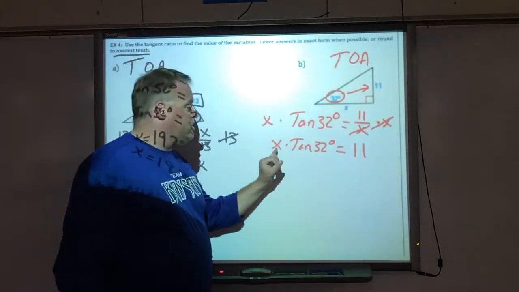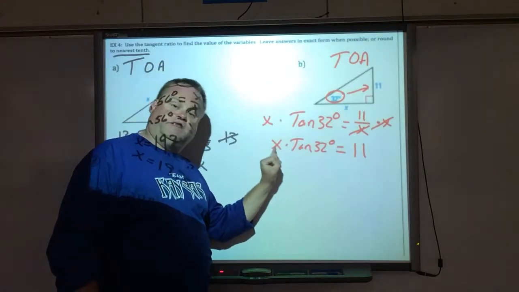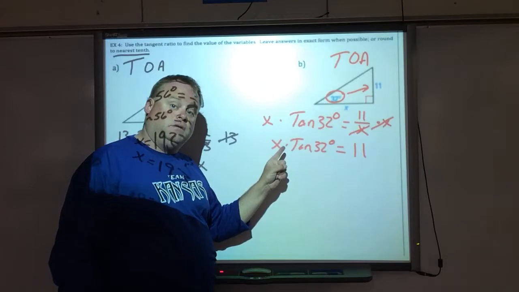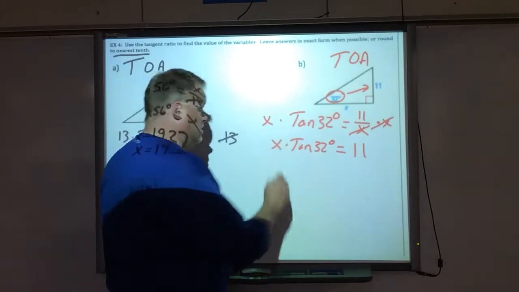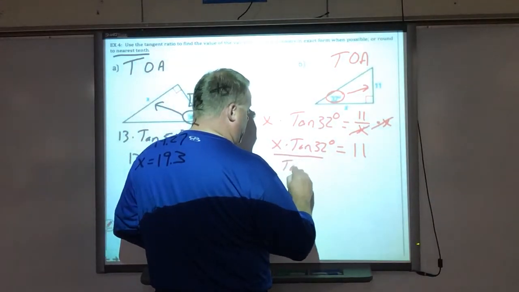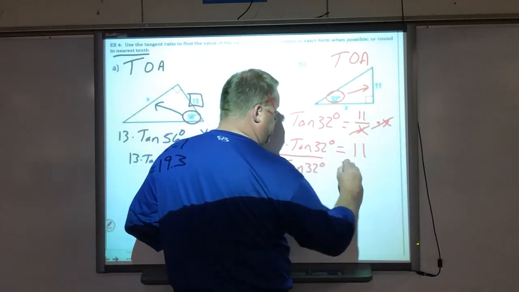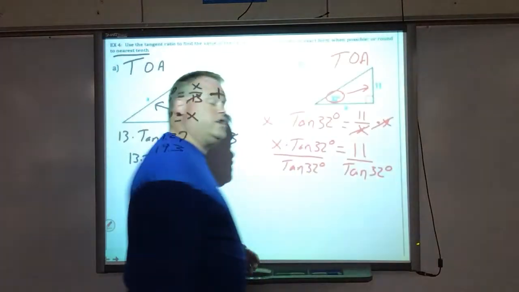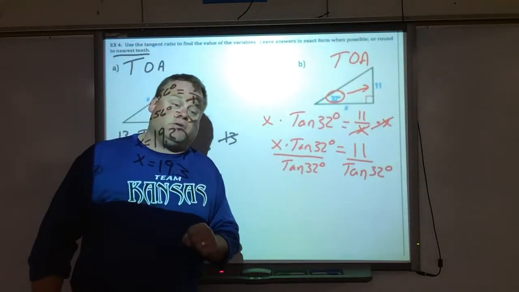So I need one answer. Well, how do I get rid of tangent 32 degrees and get this x by itself? Because it's multiplied by this x. That's right, we're going to divide. We're going to divide by tangent of 32 degrees to both sides. Because remember, what I do to one side of an equation, I must do to the other.